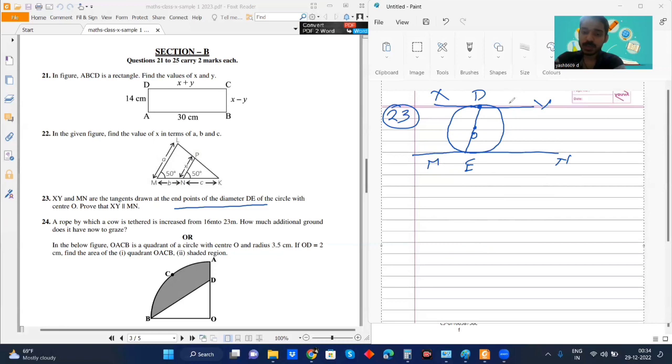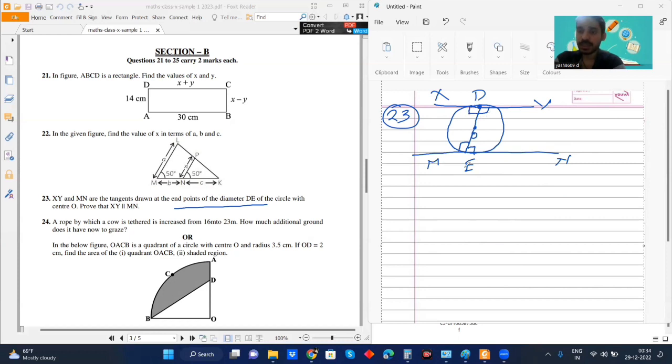We know that OD is perpendicular to XY, since the radius is perpendicular to the tangent. Similarly, OE is also perpendicular to MN. Therefore, these two angles are equal, 90 degrees. So these two angles are nothing but alternate interior angles, right?